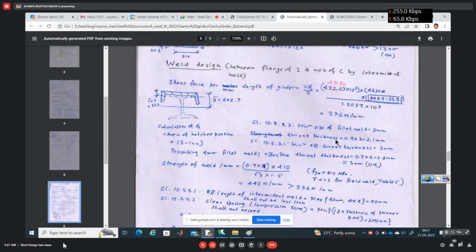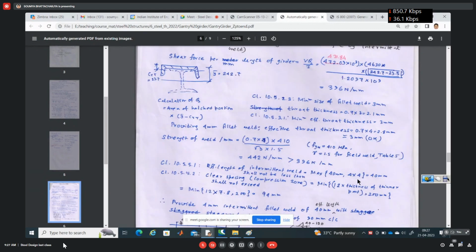Now from clause 10.5.2.3, we find that the minimum size of fillet weld should be 3 mm. Then no, the minimum size of the fillet weld is 4 mm, because if I apply a 3 mm weld, then the throat thickness is becoming less than 3 mm. So I have to apply a 4 mm fillet weld minimum, and then the throat thickness is 2.8 mm, which is close to the minimum, that is 3 mm.